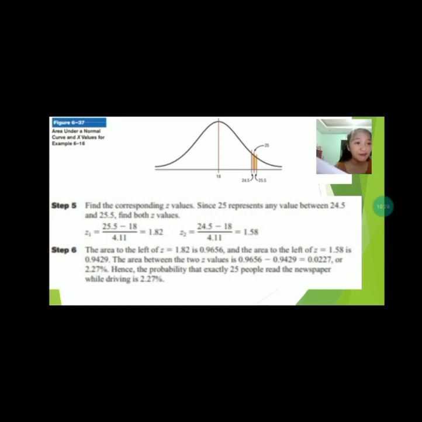The area to the left of z equals 1.58 is 0.9429. So the area between the z values is 1.82 minus 1.58 results in 2.27%. So what we were looking for, the probability that exactly 25 read the newspaper while driving, is 2.27%.